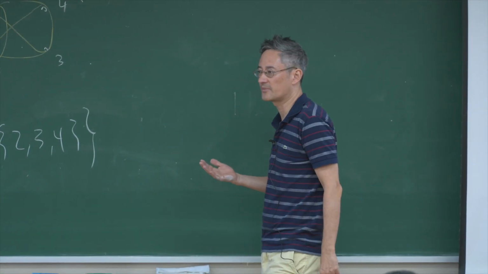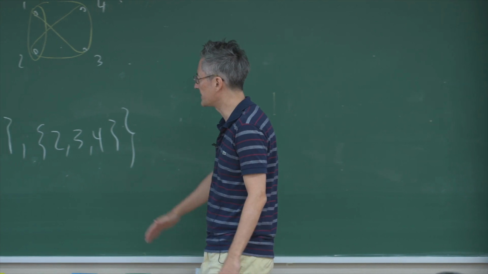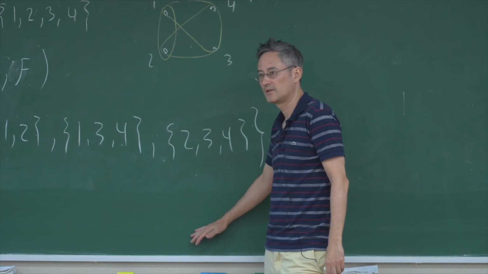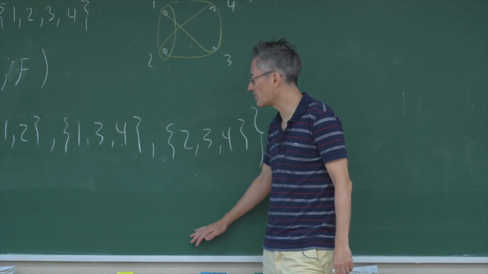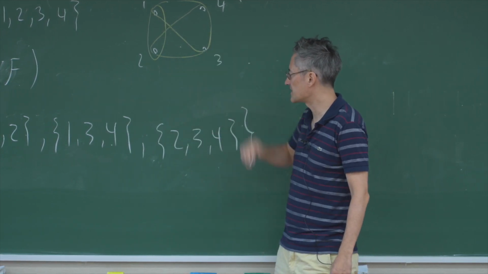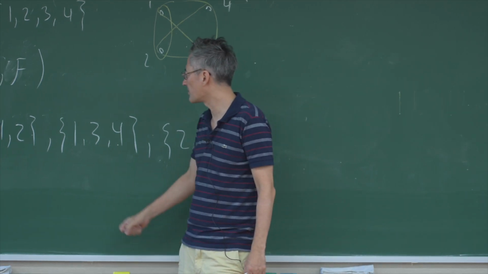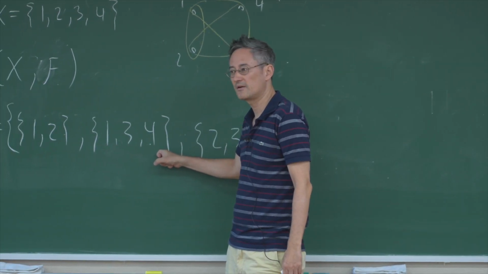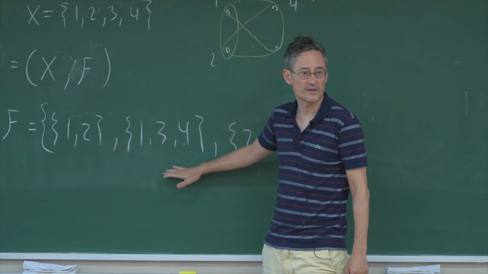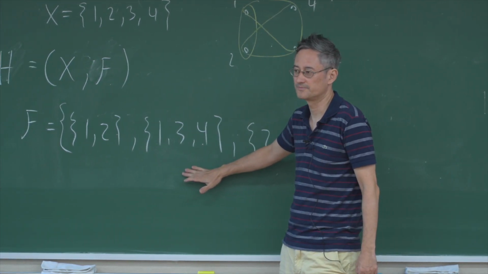That's also a type of hypergraph, but it has an additional property that it's closed downwards by inclusion, right? Remember, when we defined abstract simplicial complex, it was just a family of subsets of this set X, but it had the additional property that if some set was there, then every subset was also in the family. But for hypergraph, we don't require that. So this is kind of the most general version.